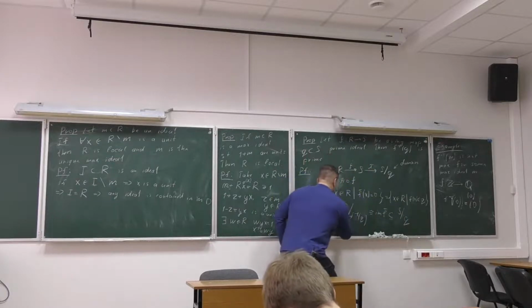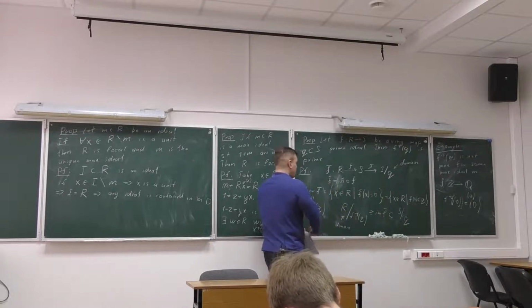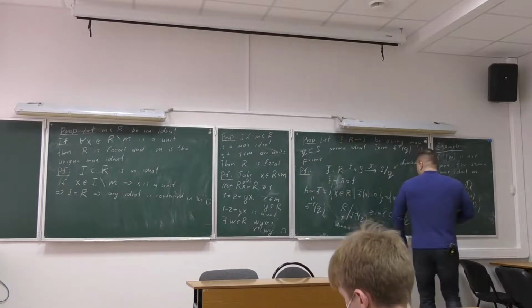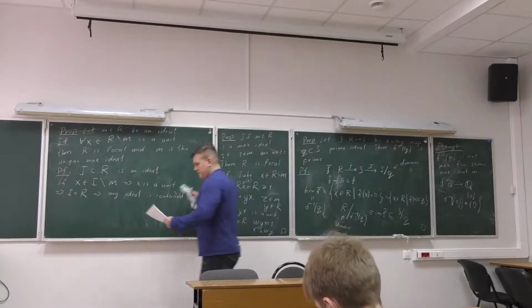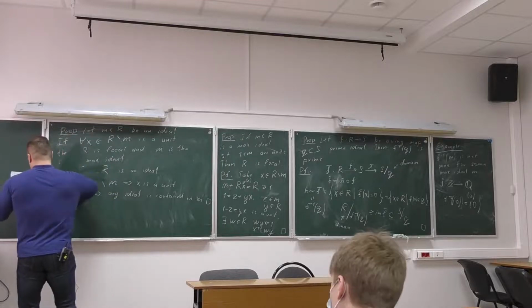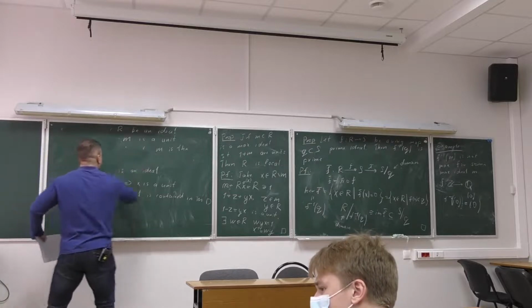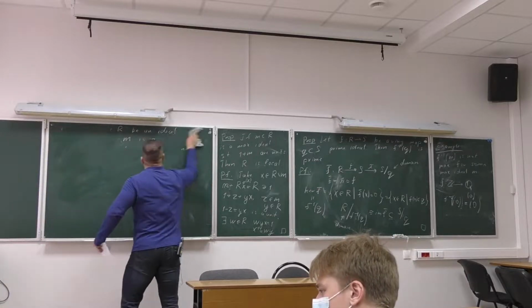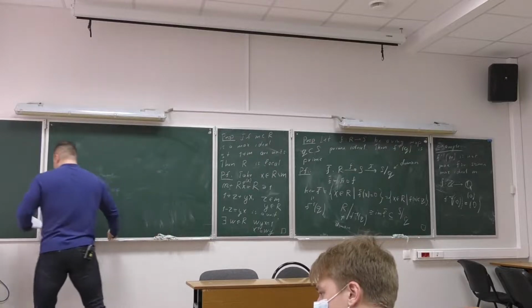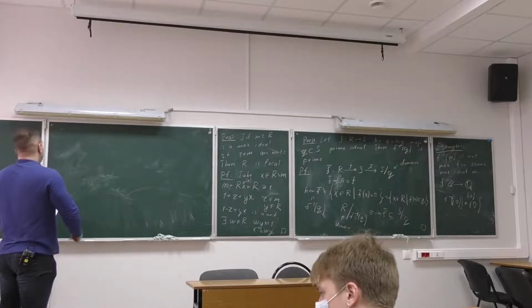So this is a domain. And if the quotient ring is a domain, then the ideal is prime.